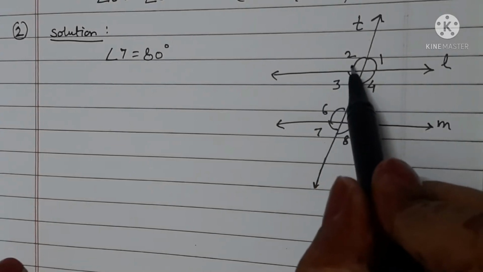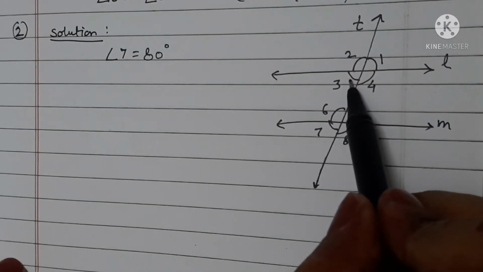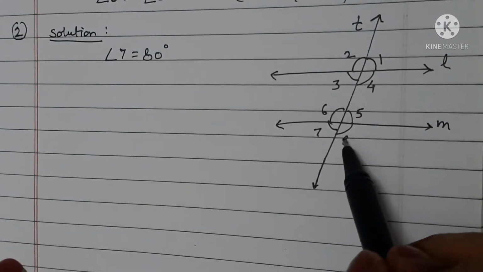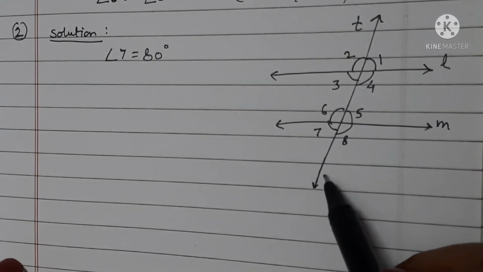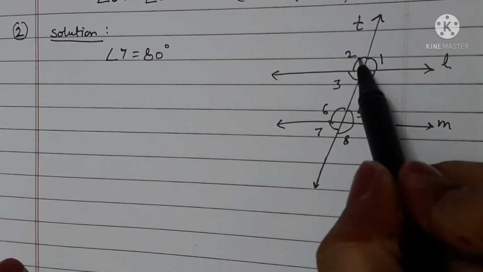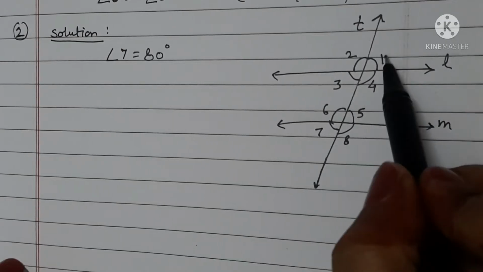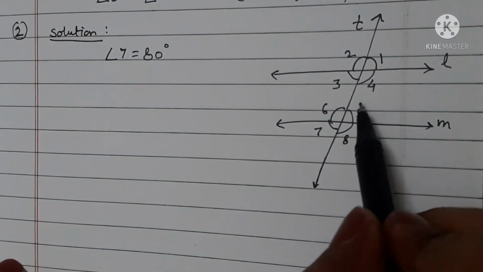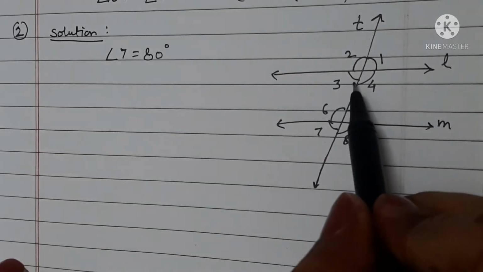No, you will take the pair angle 7 and angle 3. These are corresponding angles. And for here angle 8 and angle 4 are corresponding angles in the same direction. And for above, angle 6 and angle 2 are corresponding angles. Angle 1 and angle 5 are a pair of corresponding angles. So don't take the wrong pairs of corresponding angles.